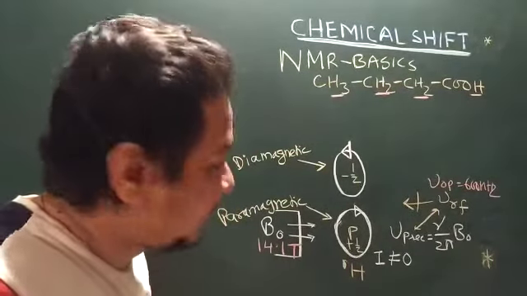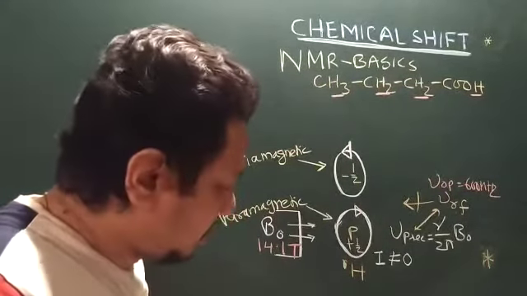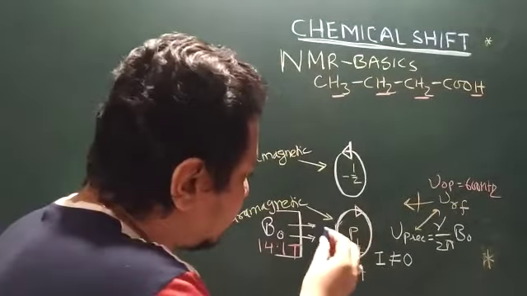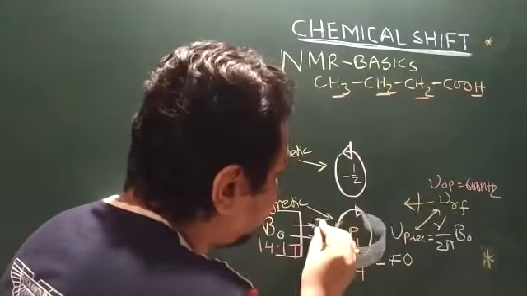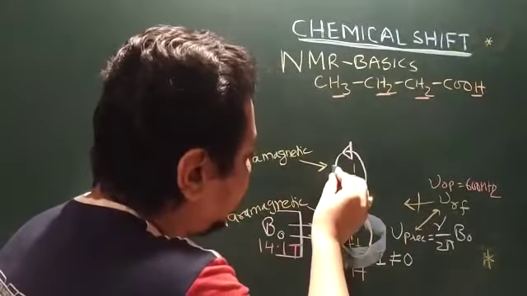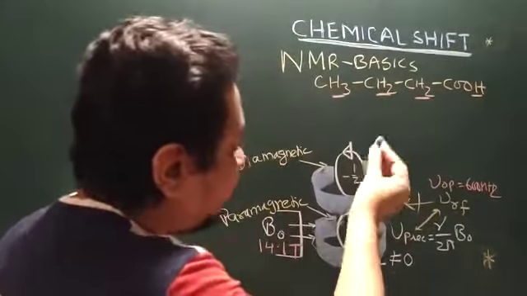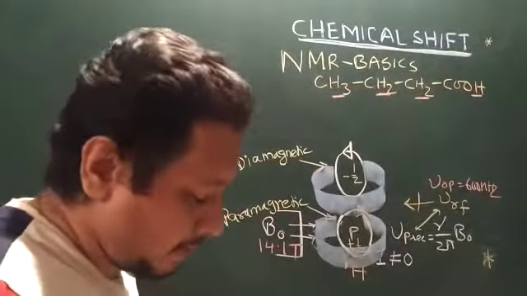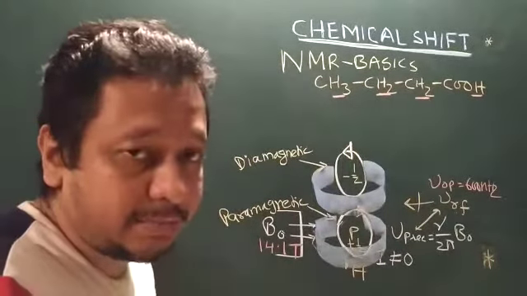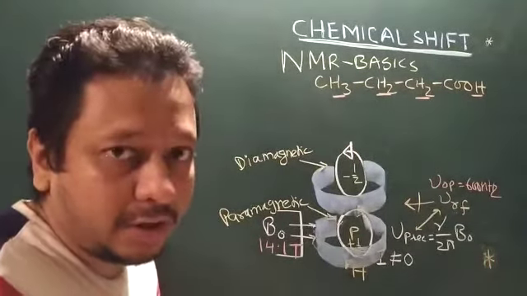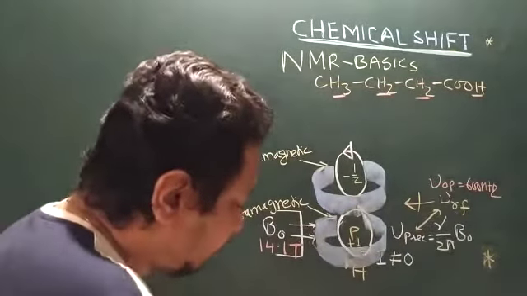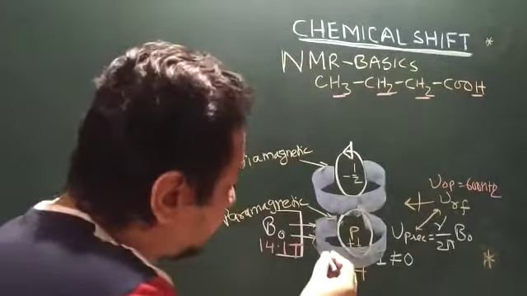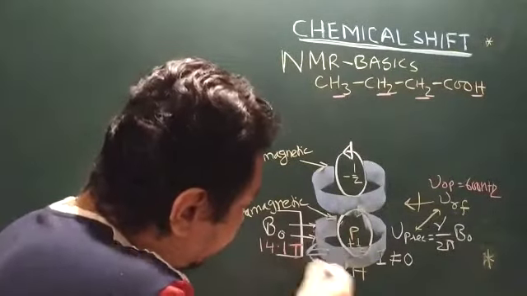So what is that? Every nucleus is surrounded by an electron cloud, that we must not forget. This electron cloud is very important to explain, because I have already explained that any spinning charged body behaves like a magnet. So when this electron moves, it tries to oppose the external magnetic field.